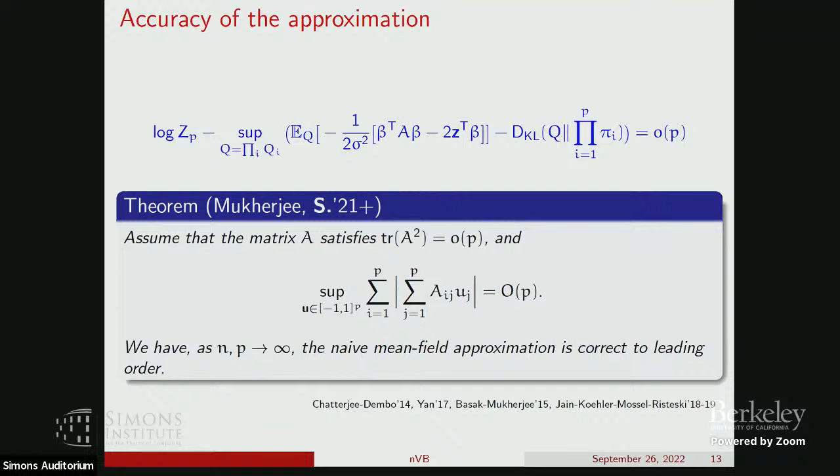Before I proceed, I should make some remarks about where this comes from. We use this machinery of nonlinear large deviations that was started in the work of Chatterjee and Dembo, followed upon by Yan and many other people now. Anirban Basak and Sumit Mukherjee used this approach before to understand Ising models on sequences of graphs, and our application in this particular case is similar to that.